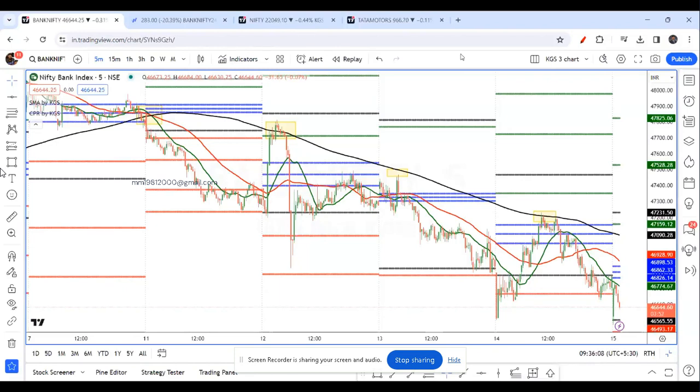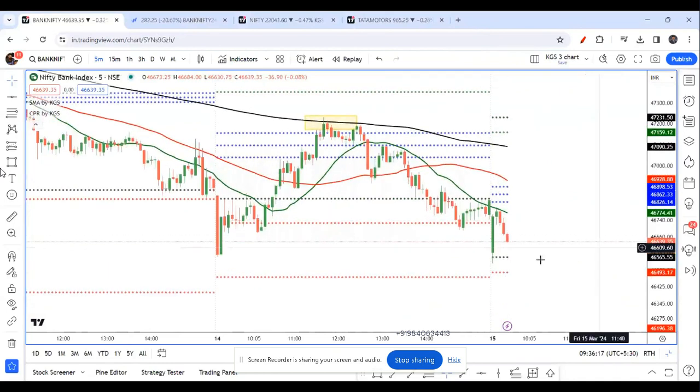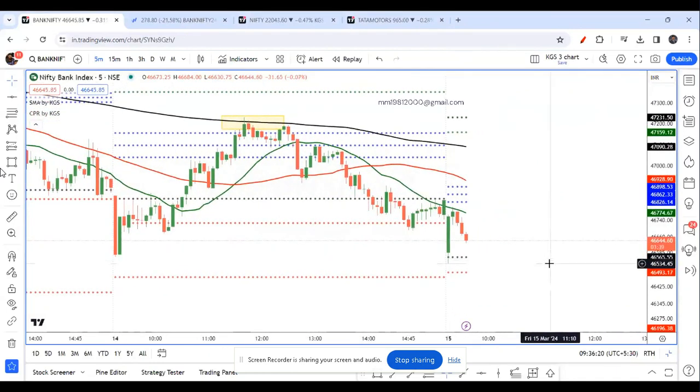Clear? So today also the candles are taking resistance at CPR, and they are struggling at the 20 SMA itself.